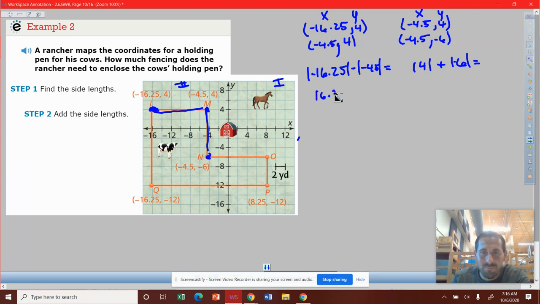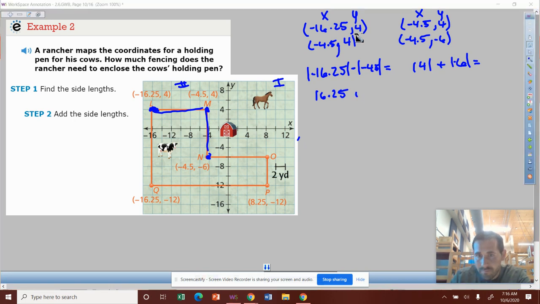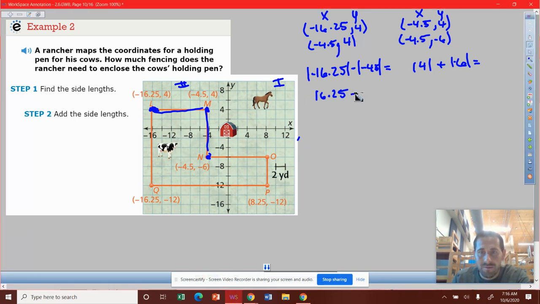So we're going to get 16.25 minus 4.5. Here we're going to get 4 plus 6. 4 plus 6 is 10. Here we need to probably stack these together and start subtracting.